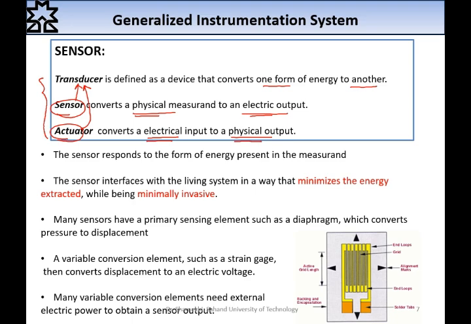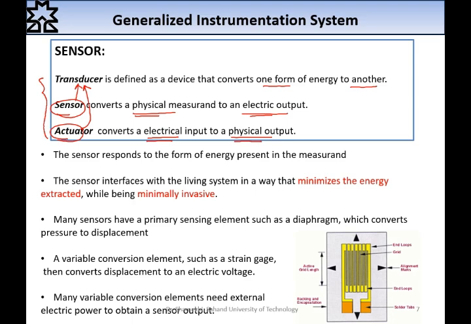The sensor responds to the form of energy present in the measurement. We should make a sensor responds spatially to the form of energy present in the measurement. And the sensor interfaces with the living system in a way that minimizes the energy extracted while being minimally invasive.